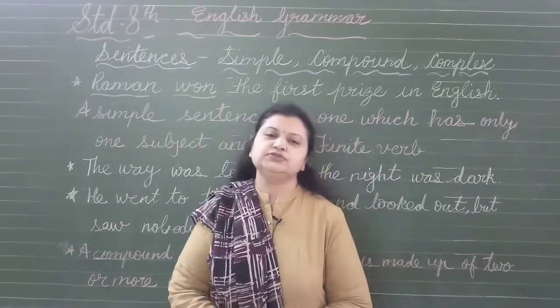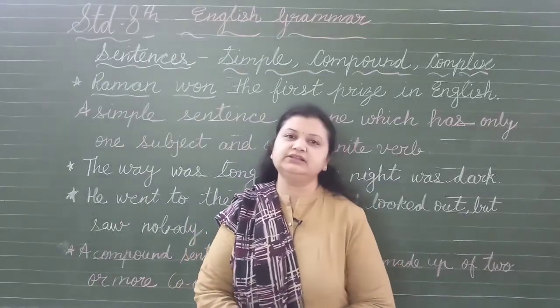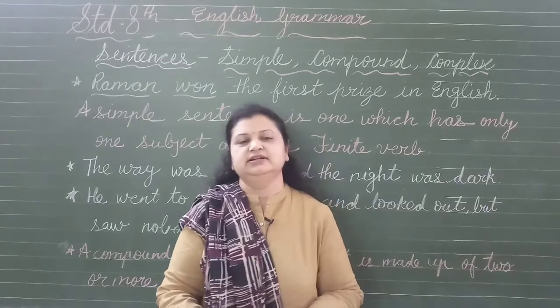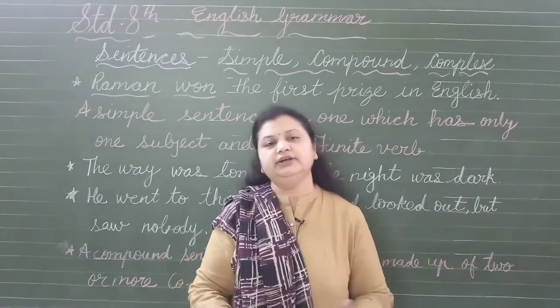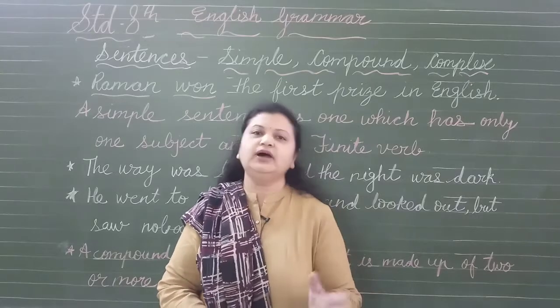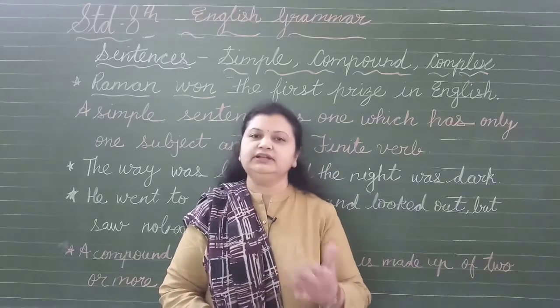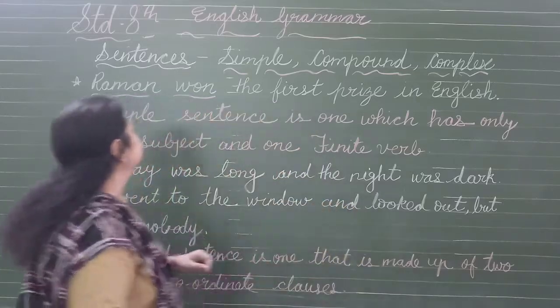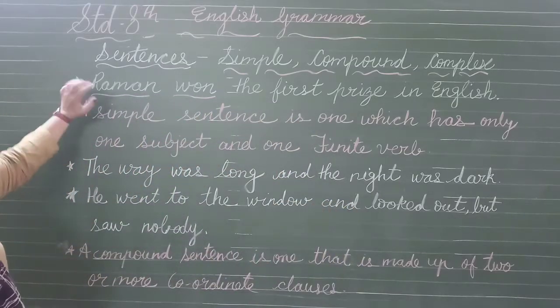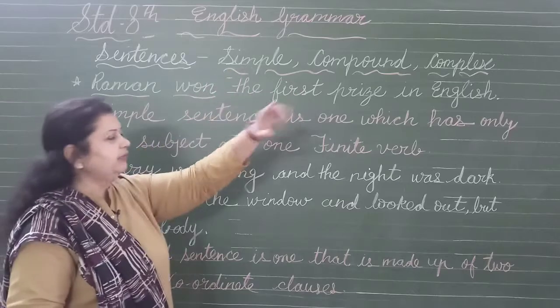So students, sentences are of three different kinds: a sentence is called simple, compound and also complex. But how will you identify these? That I will explain to you today in this part. Now see, the sentence can be simple, compound or complex.